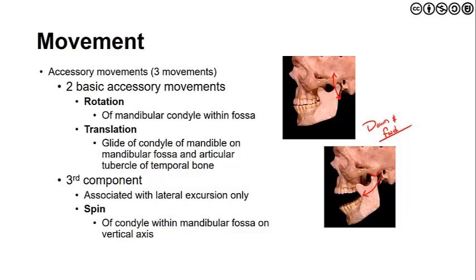There's also translation. There's a glide of the condyle, right? And so the rotation is going to be, specifically with opening, more of a posterior-inferior rotation. Okay, as you close, it's going to be more anterior-superior. Right, and then this translation also occurs. We also then have a glide and a slide, right? The third component is really only associated with lateral excursion, and that's a degree of spin, and that's because we do not have a glide there, okay? So it's more spinning around a stationary axis, and that is of the condyle that remains within the mandibular fossa, but then more on this vertical axis.